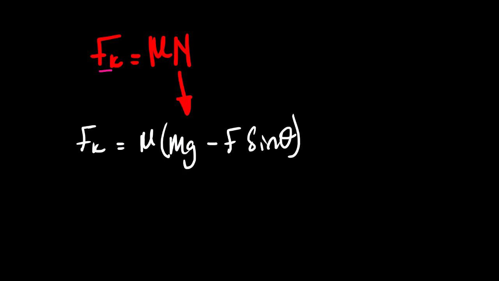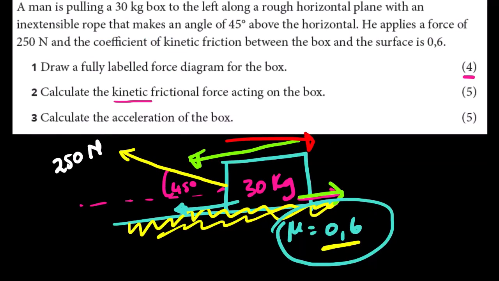Then we can go ahead and substitute. We are given our coefficient as 0.6. And the mass of the object, let me quickly go back, the mass of the object is 30 kg.